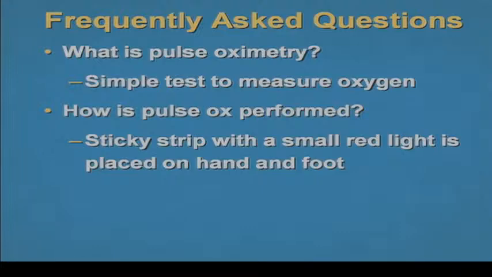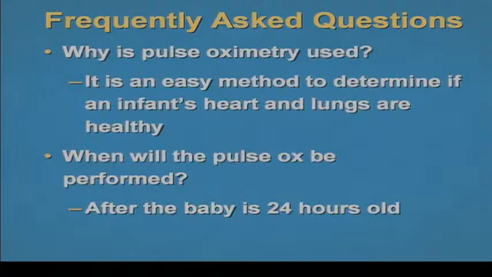How is pulse ox performed? Again, there's a sticky strip with a small red light, and it's placed on the hand and foot. And it will automatically pick up that oxygen saturation. So why is pulse oximetry used? It is used as an easy method to determine if an infant's heart and lungs are healthy.